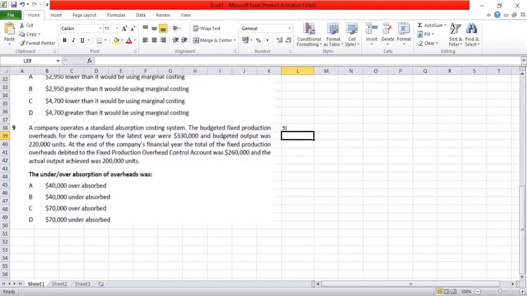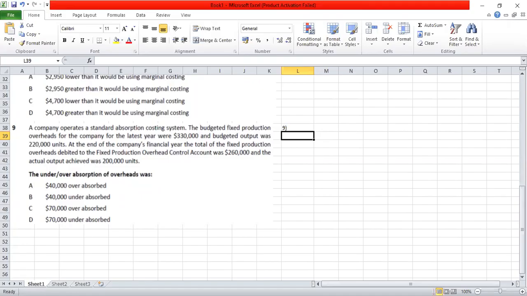The budgeted fixed production overhead for the company last year was 330,000 for an output of 220,000. That is one set of information given. At the end of the company's financial year, the total fixed production overhead debited to the fixed production overhead control account was 260,000.